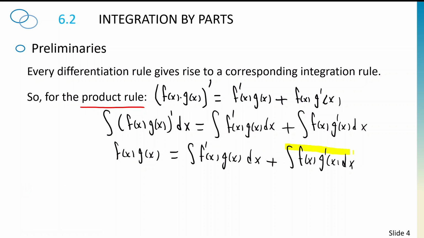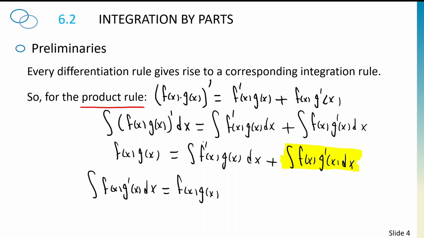So now what I'm going to do next, I did the integration. I'll come to this term. I need to solve this equation for this term, or I'll let this term be the subject of the equation. So I'll make it the integral of f of x, g prime of x dx equals f of x, g of x.